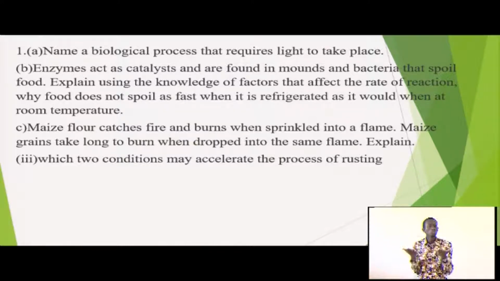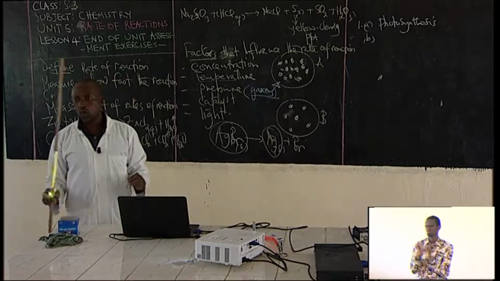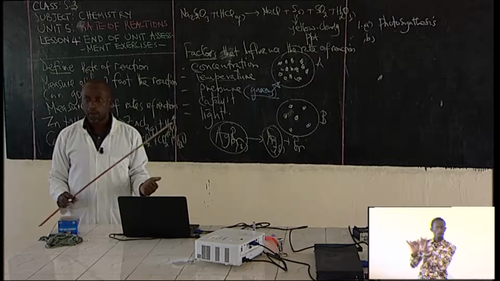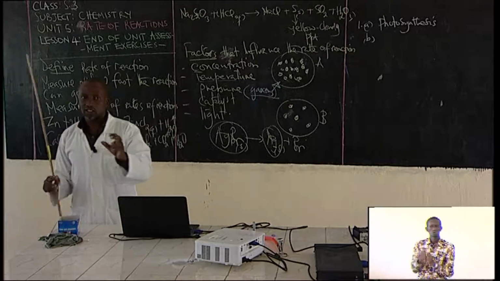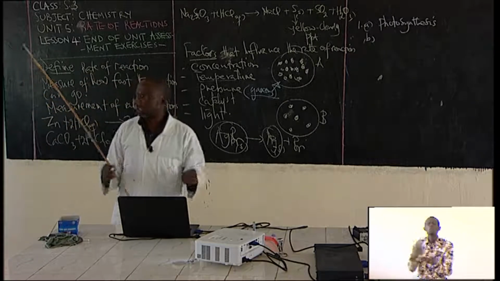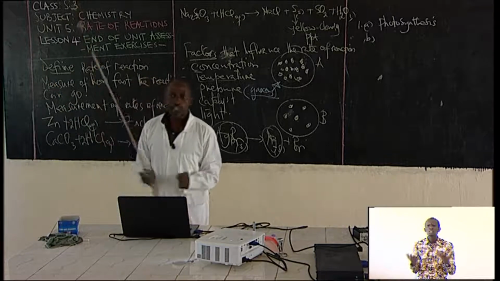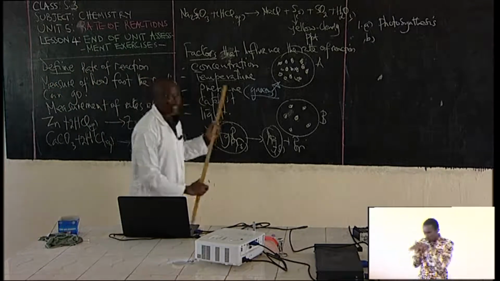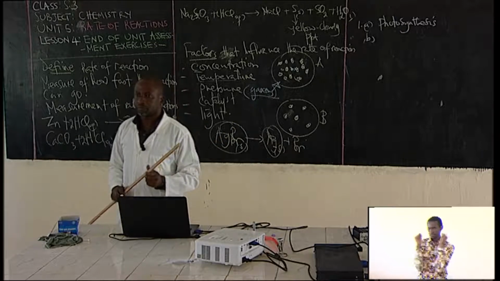So putting the food in the fridge, the food takes much longer to get destroyed than leaving it in the open space. Why? Whatever you put in the fridge means lower temperatures, so we come back to the effect of temperature.